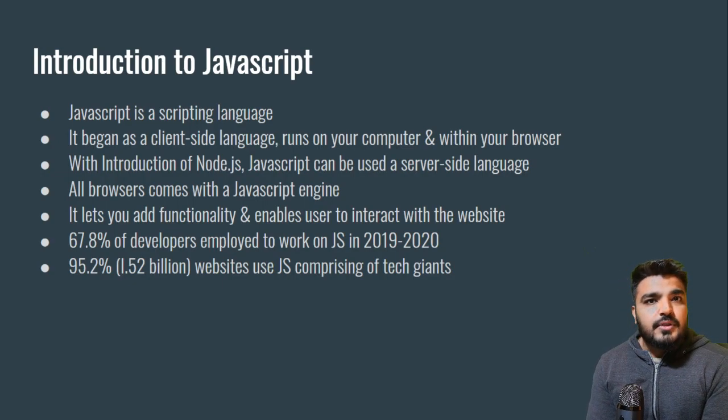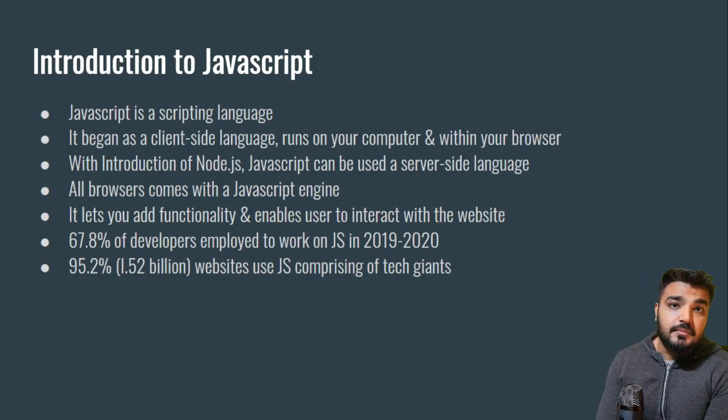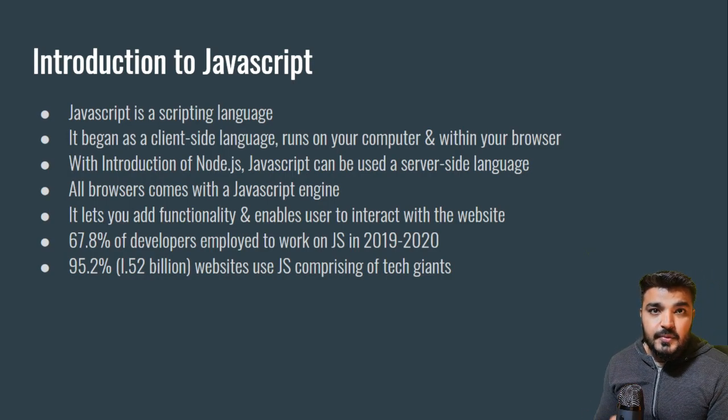So let's get into statistics. 67.8% of developers were employed as JavaScript developers. And these stats are just from 2019 and 2020. That shows the popularity and demand for JavaScript. Another motivation for you to learn it.